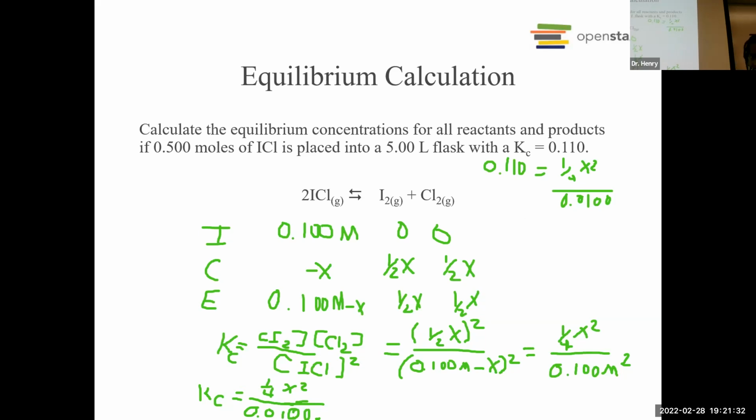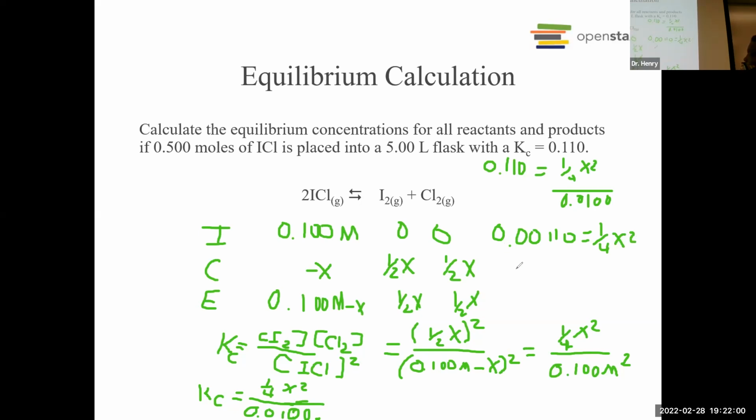So then we get 0.0011 equals 1/4 x squared.